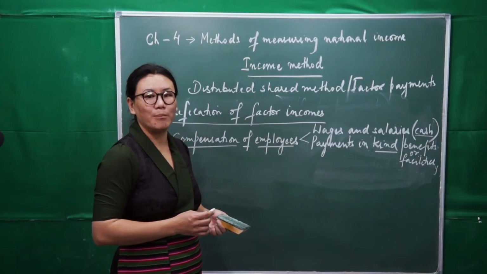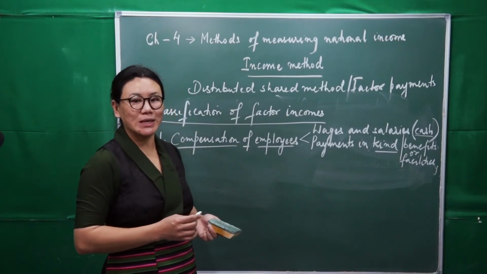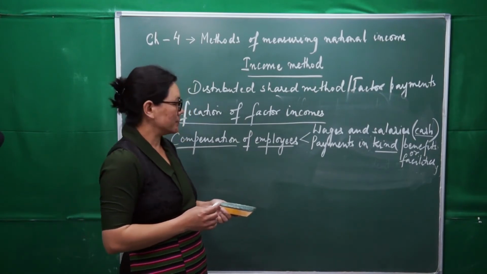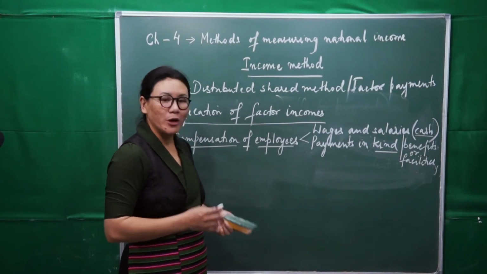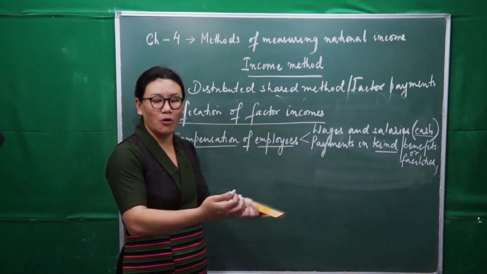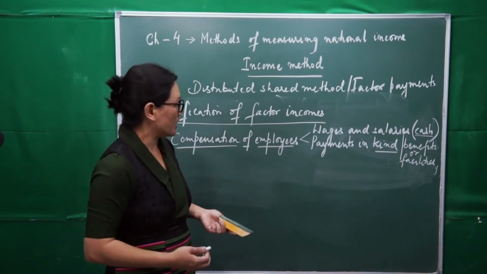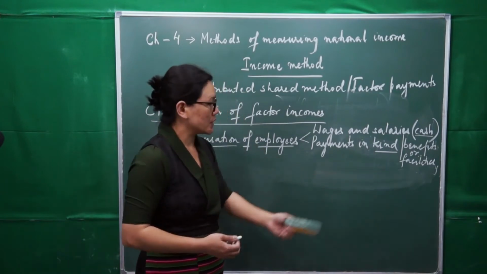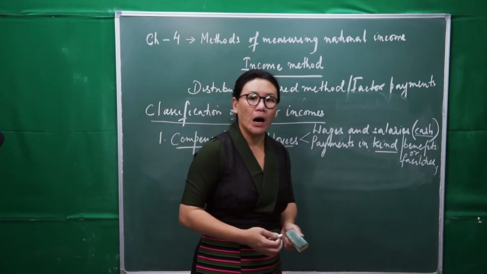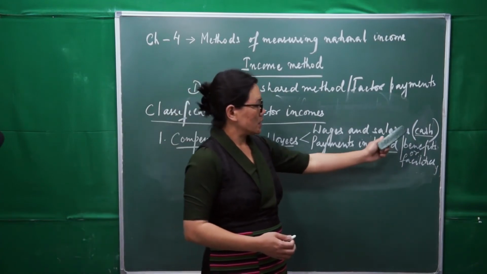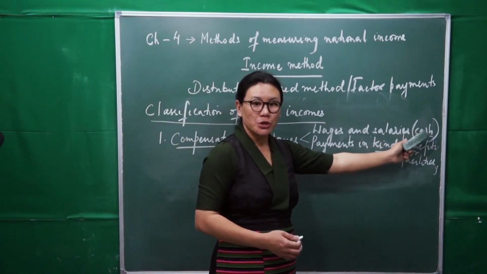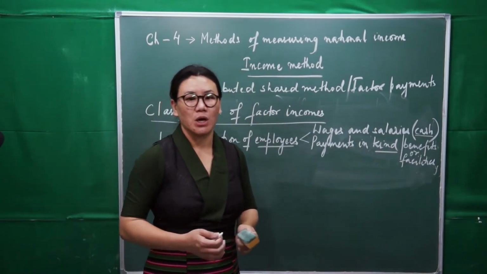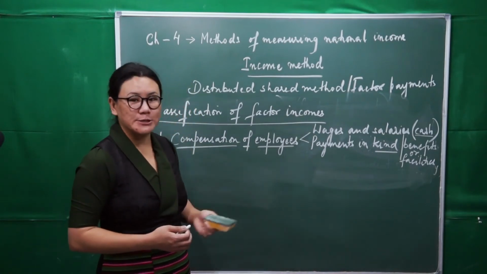By whom? Employers. We're getting two concepts here, right? One is employees. Employees refers to the worker, okay, labor, and employers are the one who is offering them job. Okay, now see here. Employees are also paid in kind. So kind here, kind are always not in cash, but these are the benefits or facilities given to the employees.